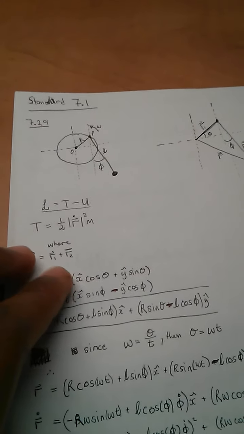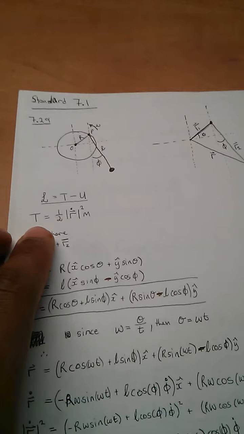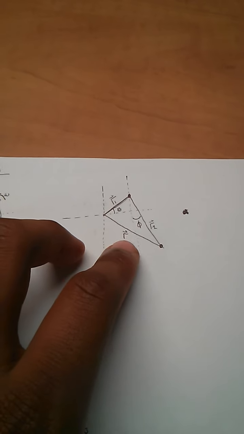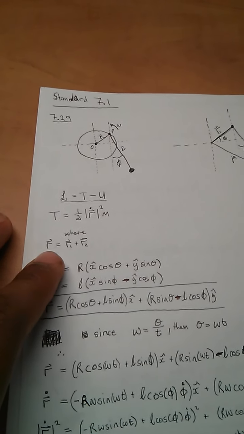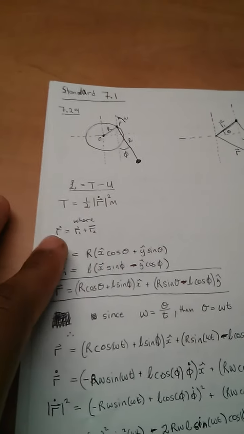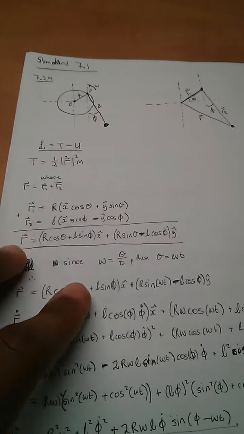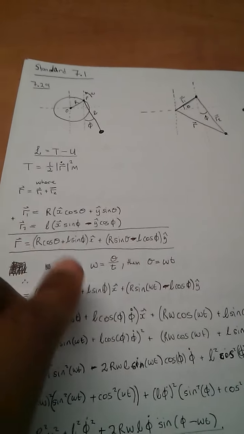And from Lagrange's equation, we know that it's equal to kinetic energy minus potential energy, where kinetic energy can be rewritten as this, where r hat dot is just a derivative of this resultant vector. So we have to figure out the resultant vector, it's just the addition of r1 and r2, and adding those two, you get this equation.